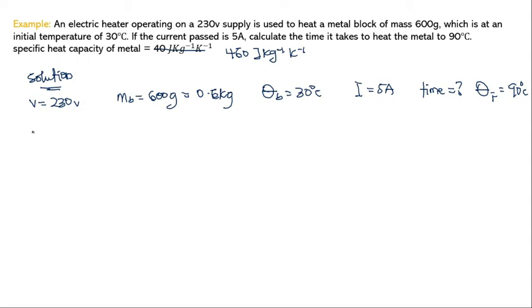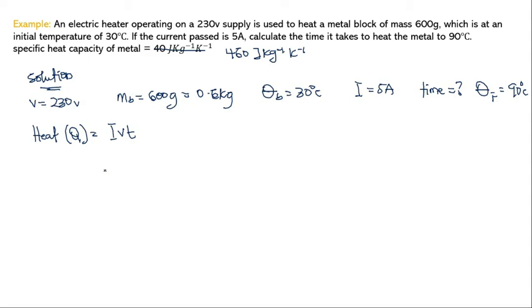Alright, so let's look at how we solve this question. Now the heat, which is our Q, can be given as the product of the current, voltage, and time. If you apply a current at a particular voltage through water for it to heat, and you want to calculate the amount of heat that you applied, you just multiply the current passing through the system with the voltage and then the time taken.